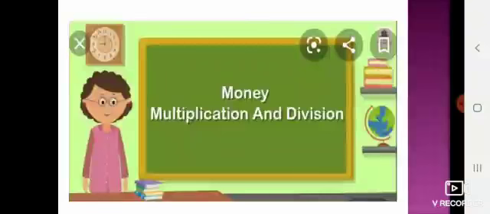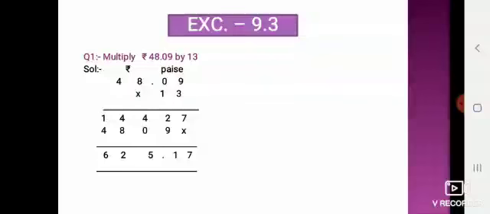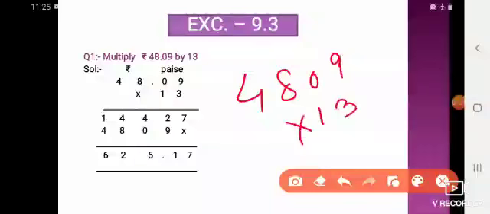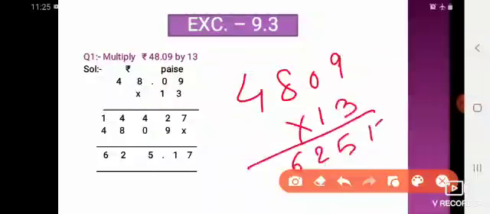Next we are having multiplication and division of money. Again we'll multiply and divide the way we multiply and divide decimal numbers, right? Here we have to multiply rupees 48.09 by 13. We'll multiply these two numbers the way we multiply decimals. After multiplying 4809 by 13, we have got 62517.